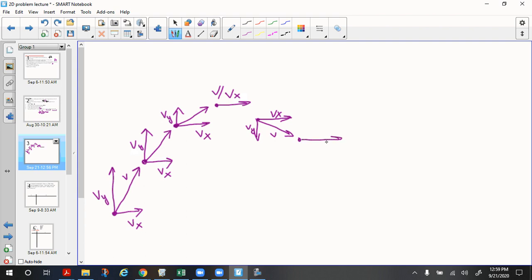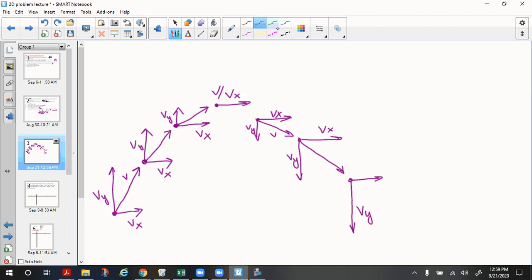Notice that our Vy is, I'm not making this exactly symmetric, but we should have, if we have a positive Vy here, we have a negative Vy here. And so forth. So the point there is Vx stays the same, Vy gets shorter and then longer.